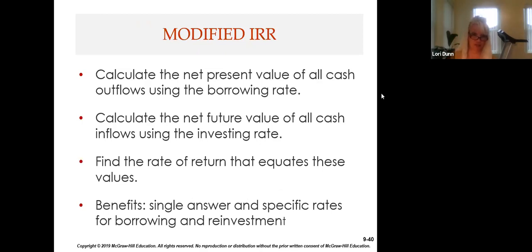There's different ways to complete this calculation. I'm going to take you to page 295 so you can see the 3 different ways to calculate modified internal rate of return. You do what you like best, because under each of the 3 scenarios, you get very similar answers.